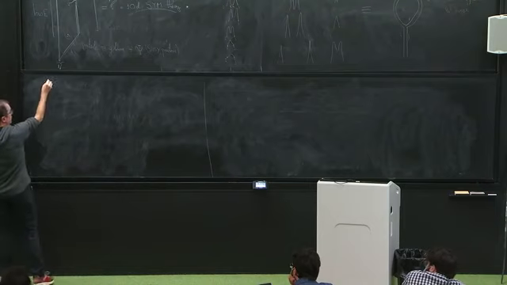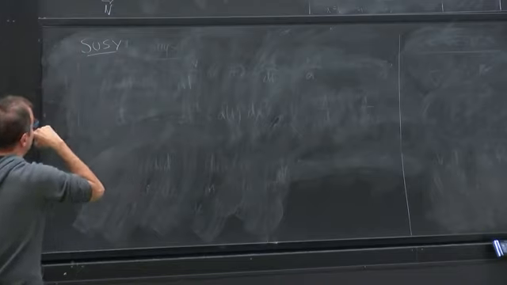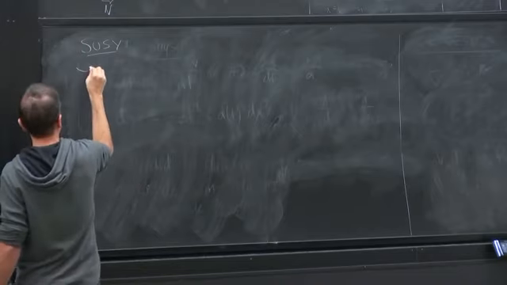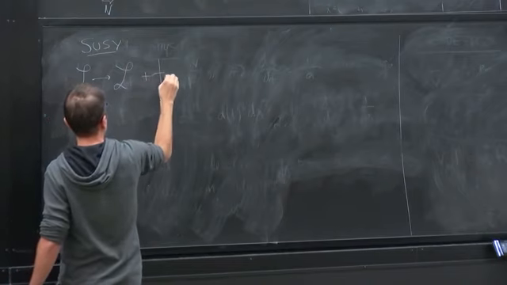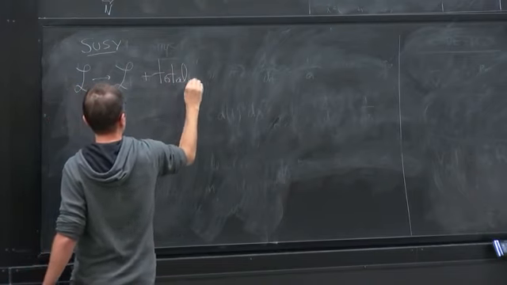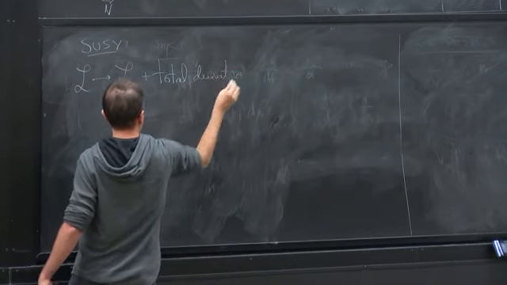So supersymmetry is a statement that the Lagrangian goes to Lagrangian plus a total derivative. So it's basically a symmetry.